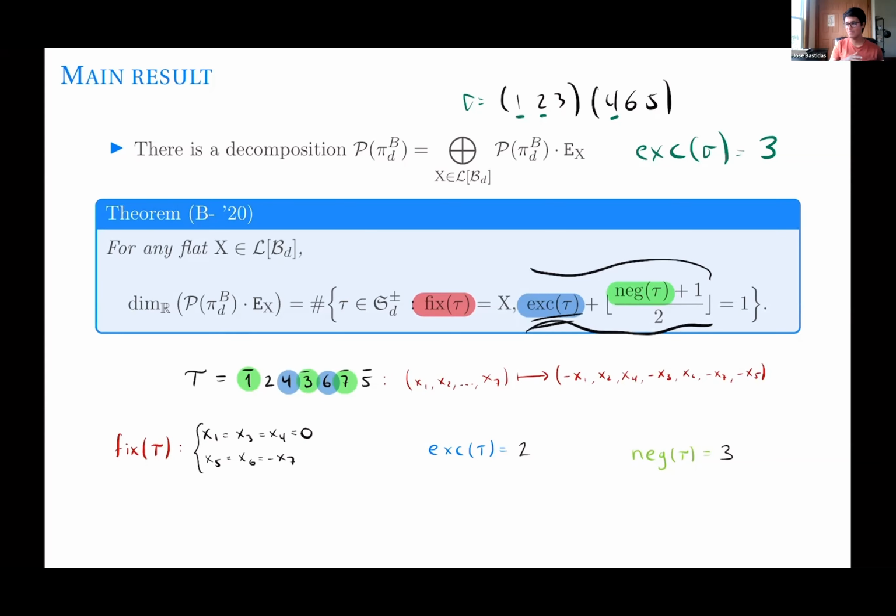We know them pretty well in type B, but not in other types. For example, flats in type A are just flats of the braid arrangement, and they correspond to partitions. In type B, we have the right notion of signed partitions, or partitions of a signed set. But in other types, it's not so clear. So in that sense, type B seems to be the right analog.